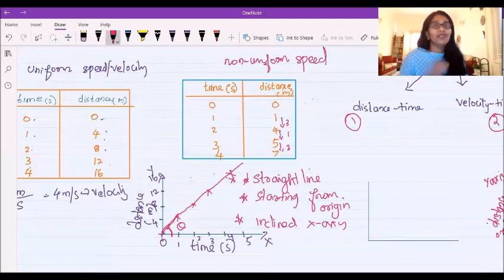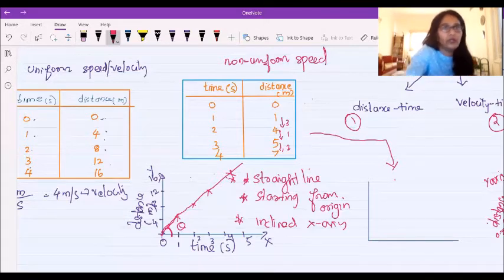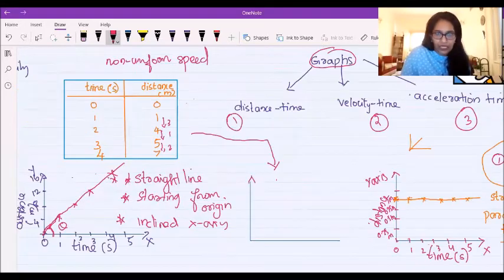Okay. Now let's draw a graph for that one. Okay, this is the graph I am going to plot, like y, x, time, second, then distance, 1 meter.